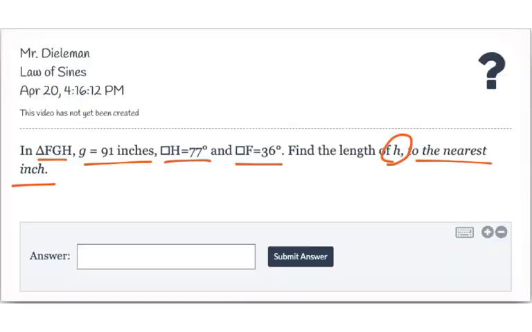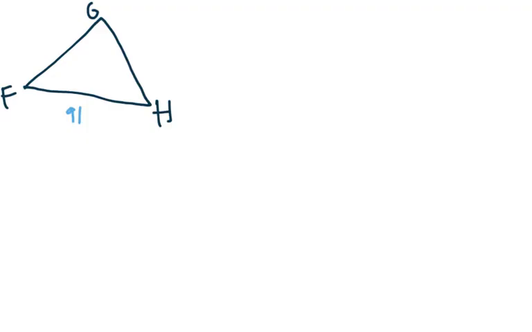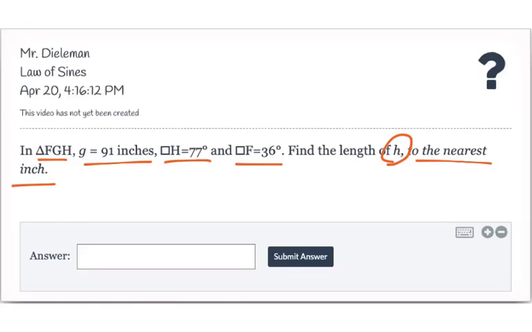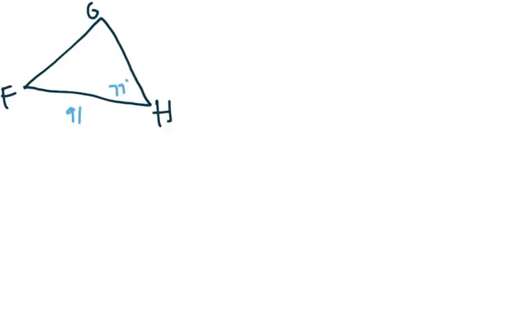And then we know that H is going to be 77 degrees, and F is 36 degrees. And what we're trying to find is, what is H? Well, the side length H is going to be across from the vertex H. So first things first, we need to match up, right?